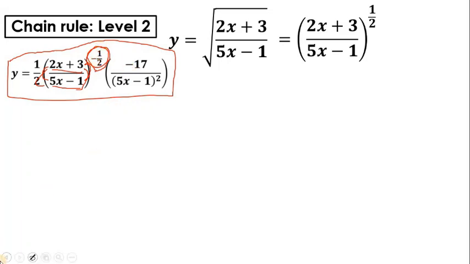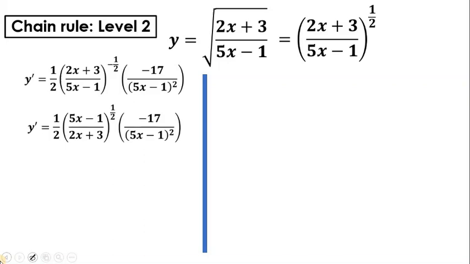After interchanging the position of your numerator and denominator, it will become like this. Look, your power now is positive 1/2. Why? Because your numerator and denominator are already interchanged.